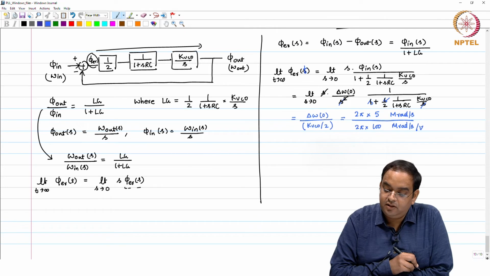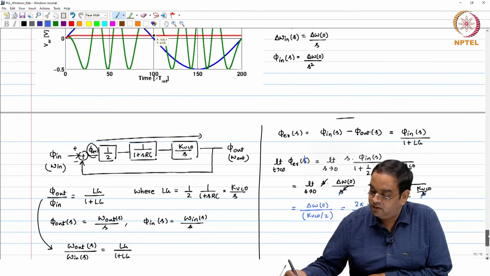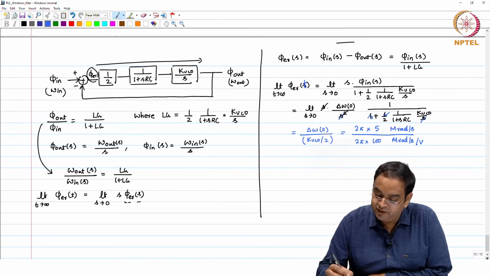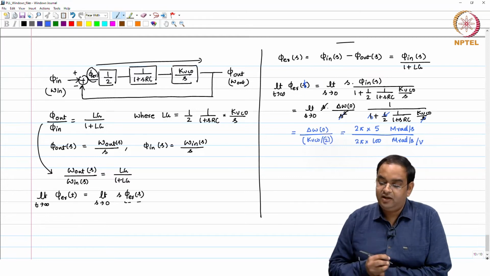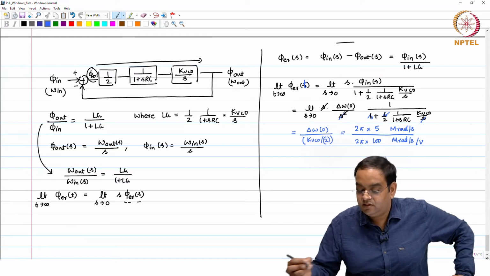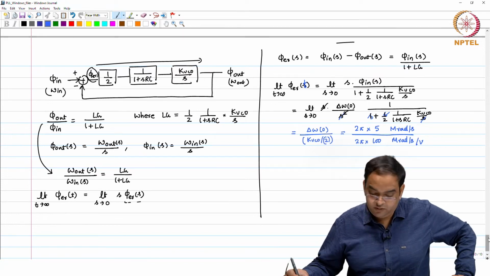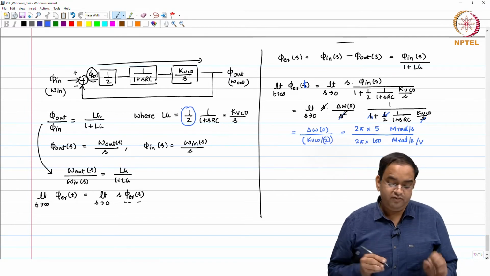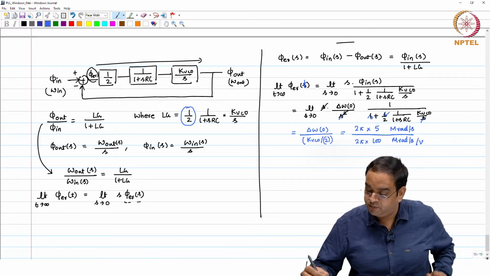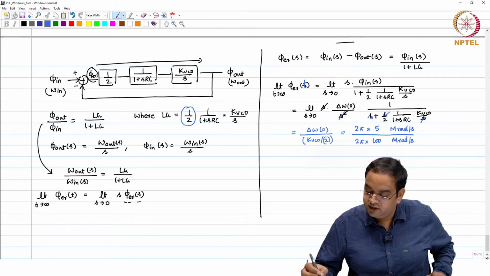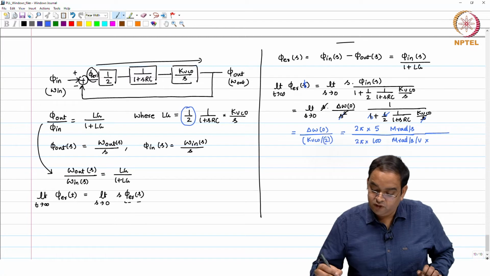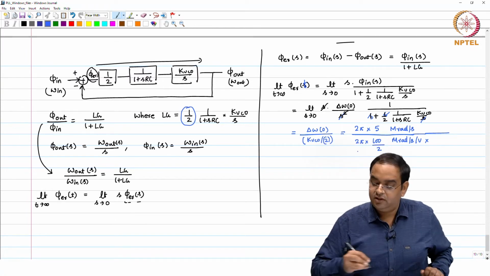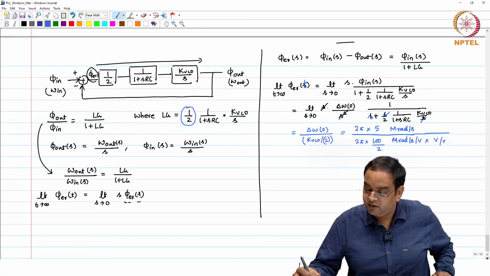This half factor has units of volt per radian, not radian per volt, if you do not recall. So, let me write this here: the units for the half factor are volt per radian.